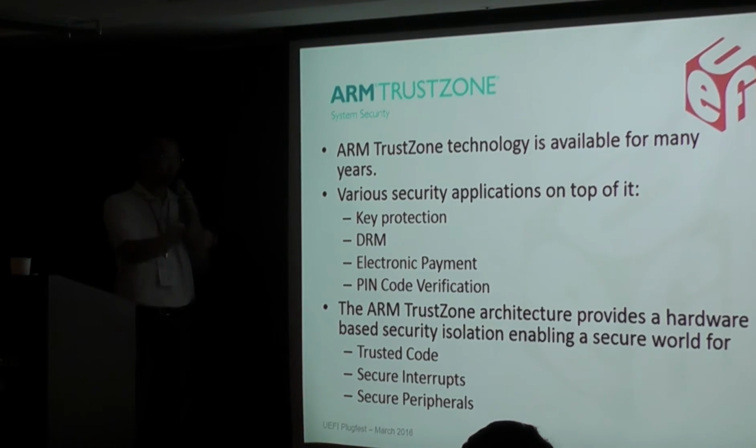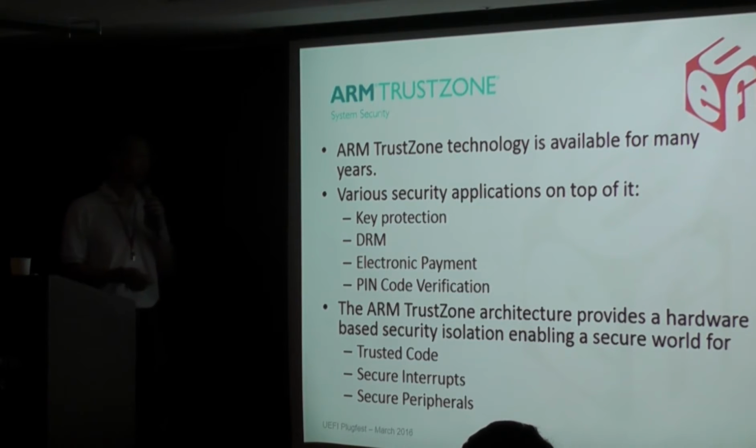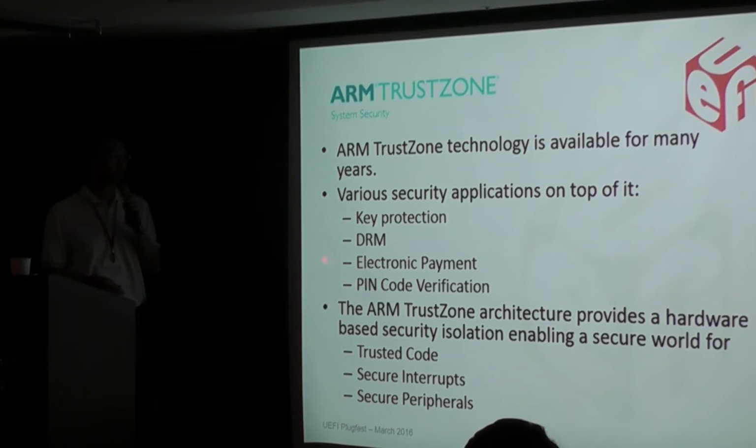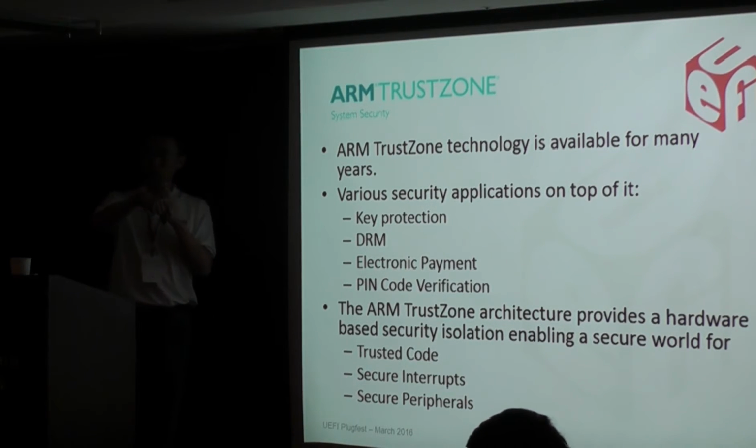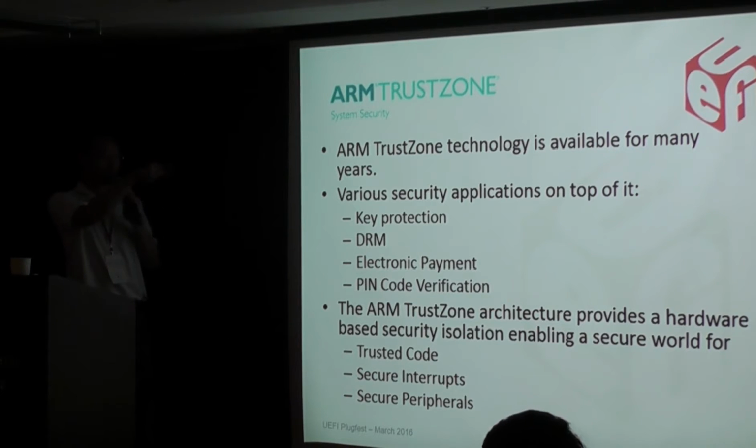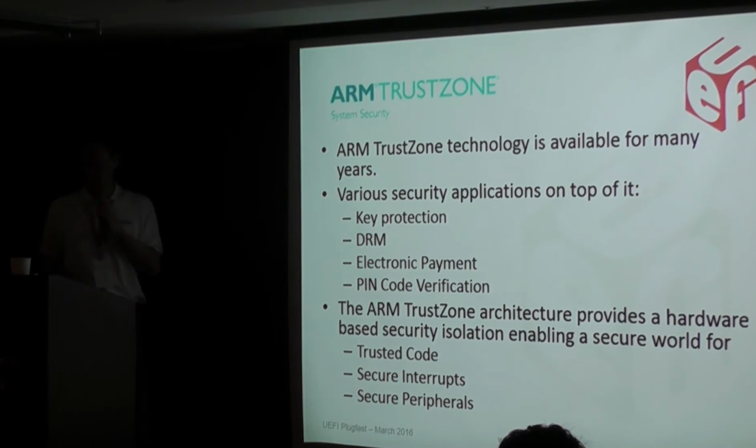There are many security features, like secure key protection, DRM (digital rights management), electronic payment, and PIN code verification, implemented on top of it, using the trusted environment. So I will give you a brief idea of what it is for and how it works.